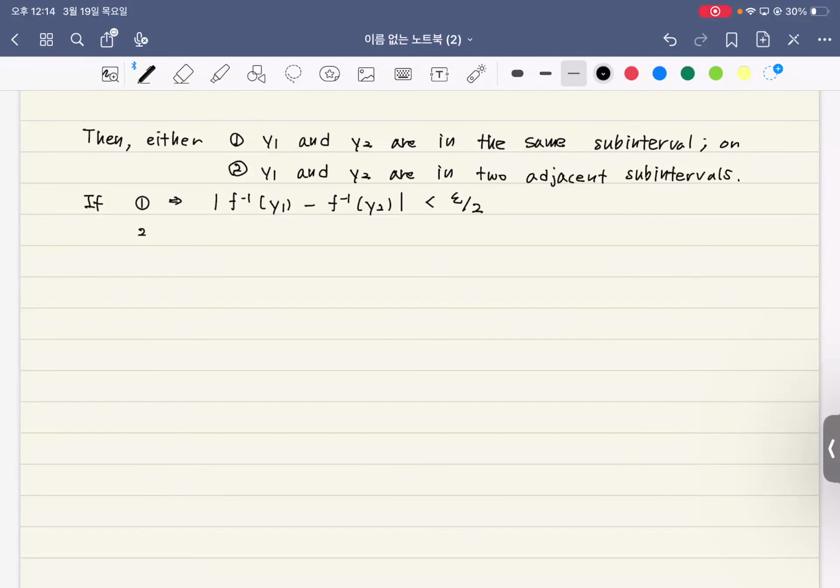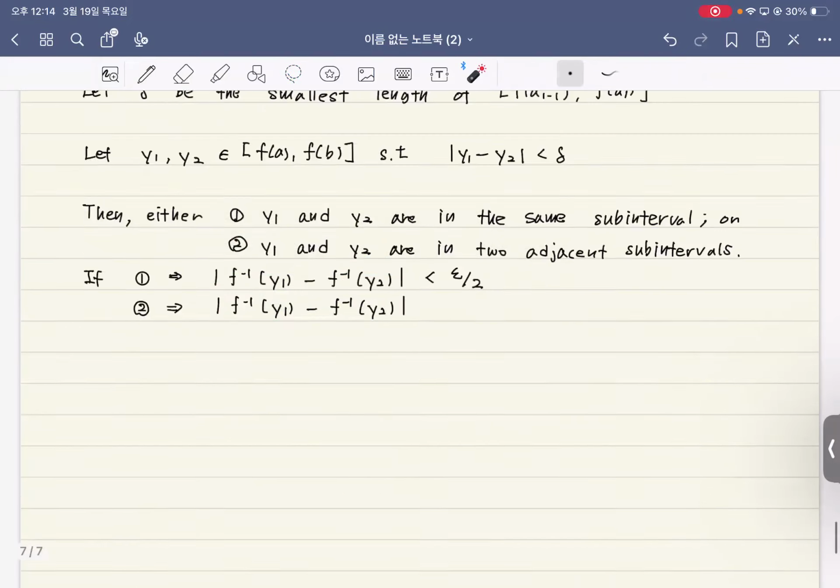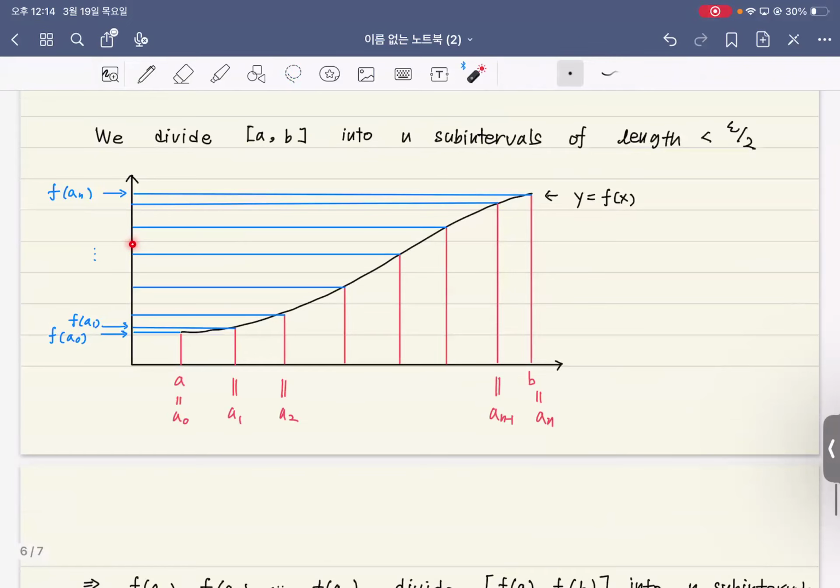Well, what if case number two is true? In this case, suppose that y1 is here and y2 is there, then f inverse of y1 will be here and f inverse of y2 will be there. Their separation cannot exceed the total length of these two intervals, which is epsilon.